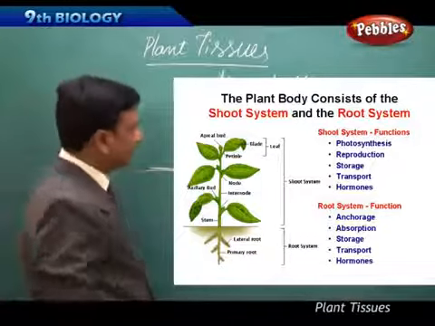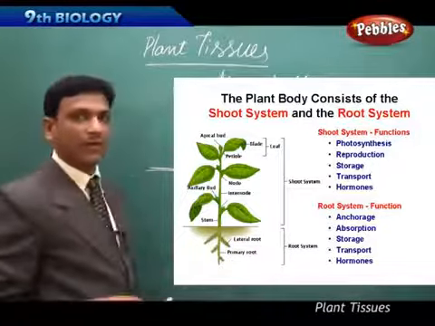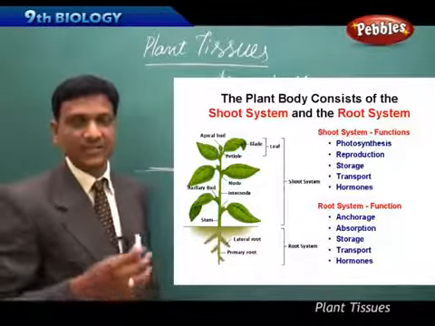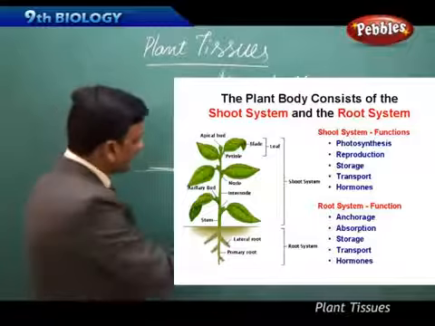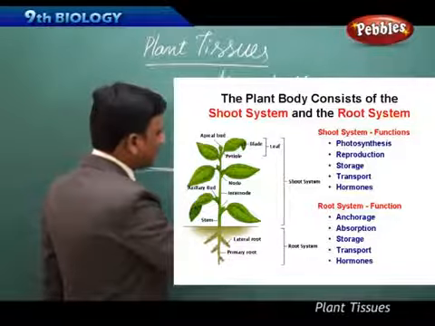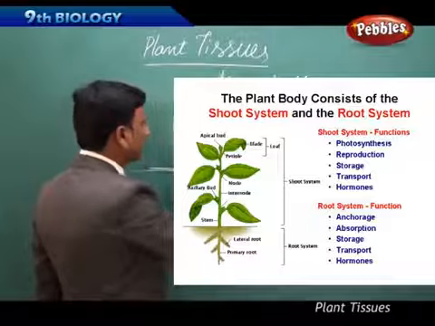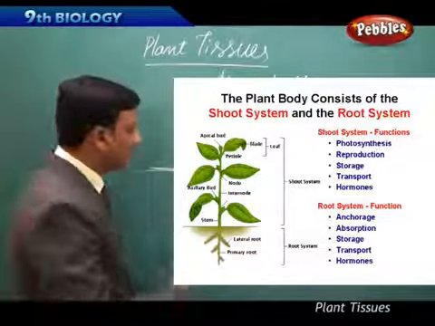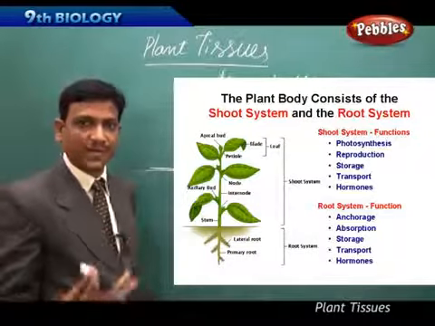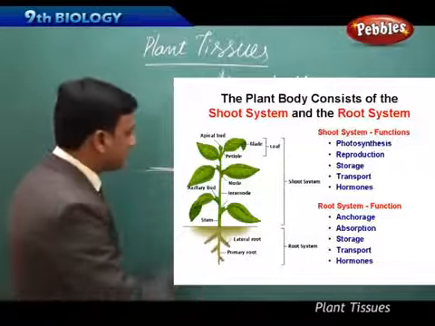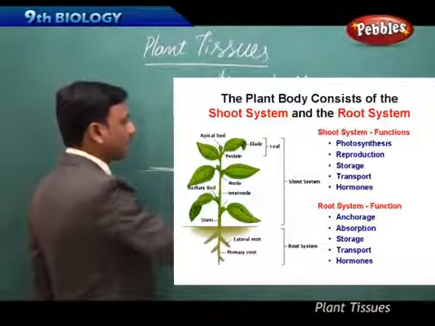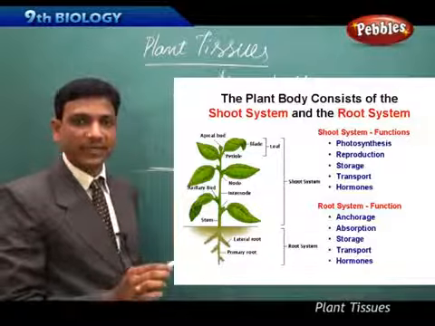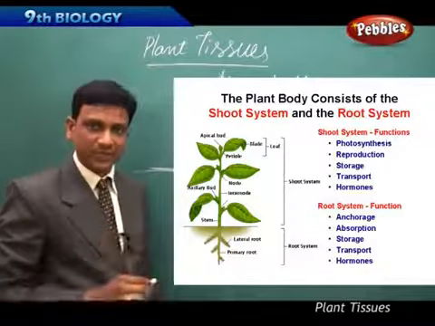No. Because in multicellular organisms, we find a specific organization of cells. These parts have specific roles. Leaf: exchange of gases, transpiration, photosynthesis. Root: absorption of water, fixing the plant in the soil. Stem: conduction of water, taking the water and minerals up and down. So each part is performing a specific function.